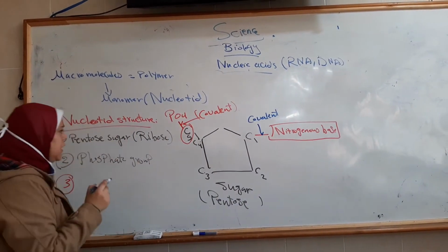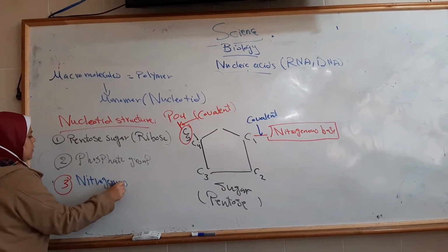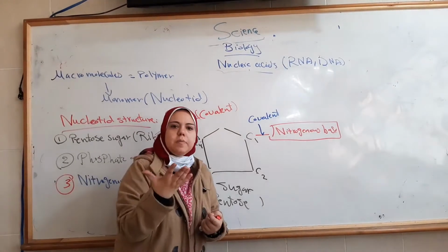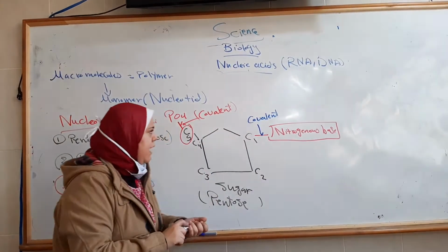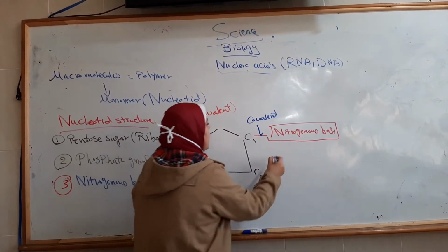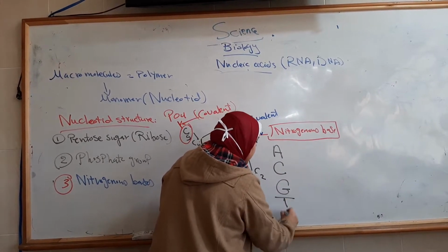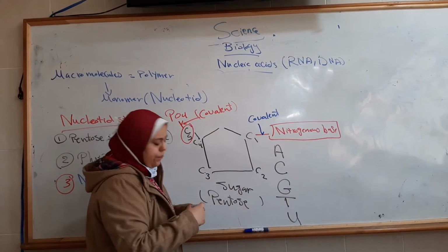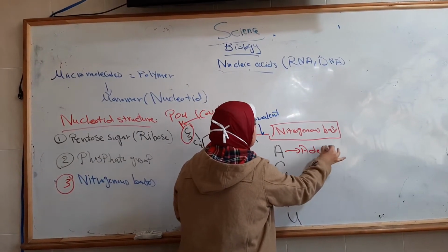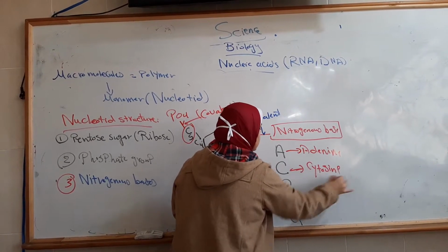We have here nitrogenous bases. We have 5 types of nitrogenous bases. Look carefully at me: A, C, G, T, and the last one, U. A, adenine. C, cytosine.